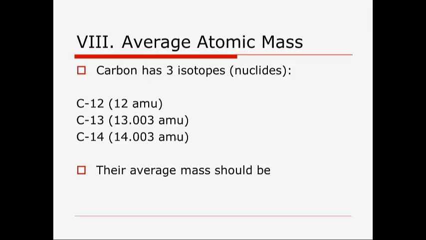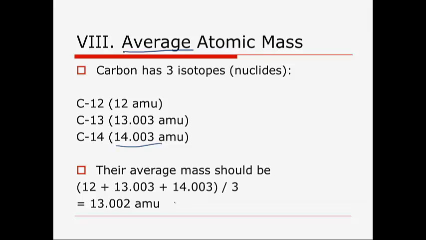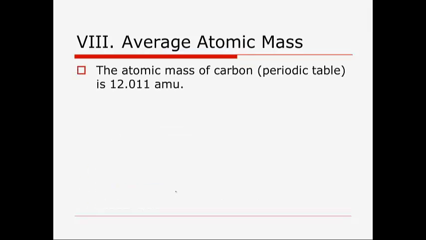Now, if you average these masses, like the term average atomic mass tells you, you'd expect 12 plus 13.003 plus 14.003 divided by the number of isotopes, 3, and it should come out to be 13.002. So this is what you would expect to see on the periodic table for the average atomic mass of carbon. But when you look on the periodic table, it's 12.011. So why? Where did this come from?